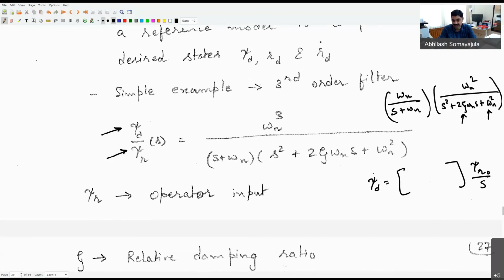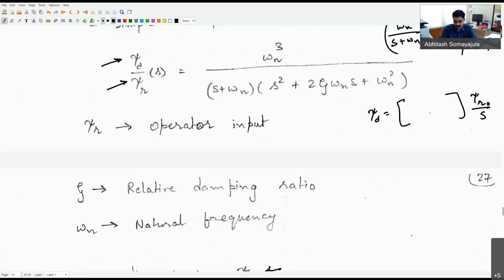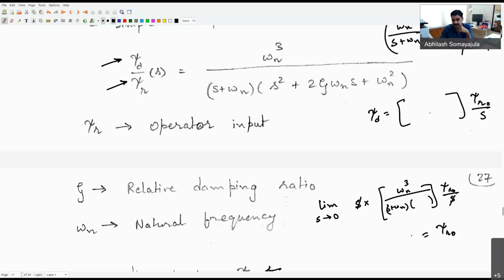So the limiting value of psi d is then given by the limit s tends to 0 of s times whatever we had here, and then it is easy to see that this s and this s will cancel out, and whatever we have here will be the ones left. So s plus omega n, and then that whole term here. Once I apply the limit s tends to 0, you will see that this reduces to psi r0, which means whatever step input I gave, that is the output I'll come out with as time tends to infinity.